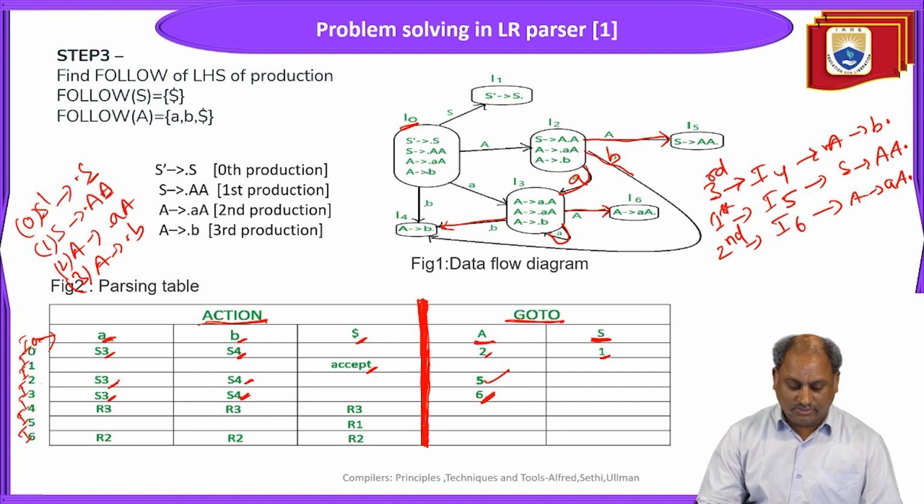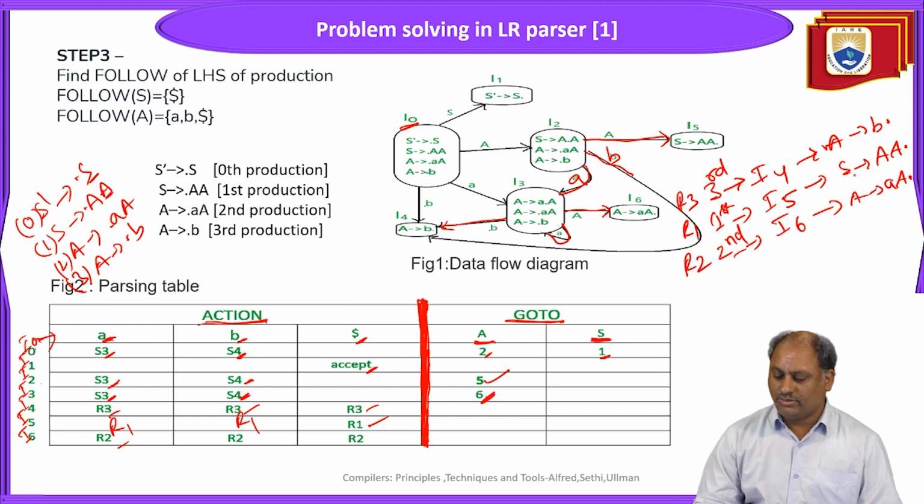So here for I4 we write R3, so R3 under a, b, dollar. Similarly R1 under a, b, dollar for I5, and for I6, R2. So this is considered as R3, this as R1, and this as R2. These are the reduced productions. The third production is equivalent, so that's why R3. The first production is equivalent, so R1, and the second production is equivalent, that is R2.